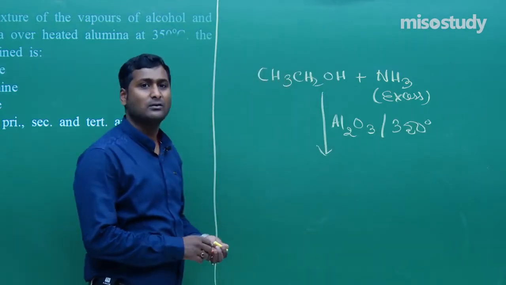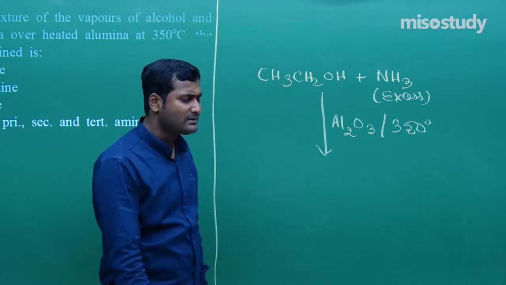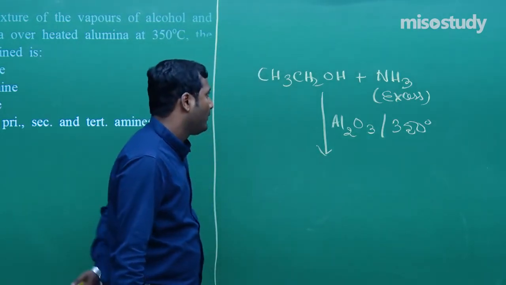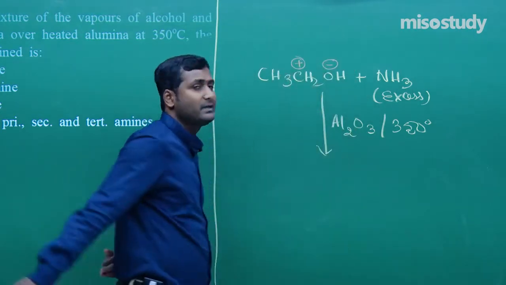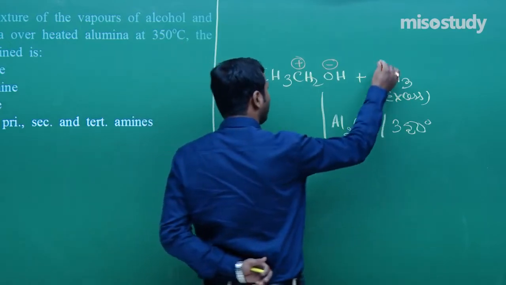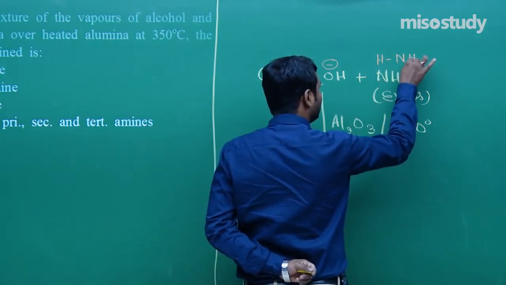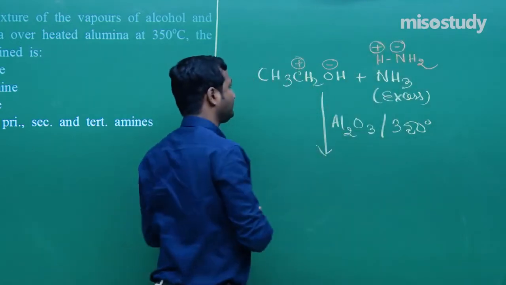Now how does the reaction proceed? As I told you earlier, if you do not know the mechanism, then put plus and minus signs, and generally you will get the output easily. So put a minus sign here, a plus sign here. In case of NH3 you can write H plus NH2 minus.